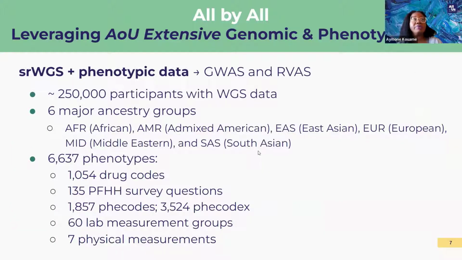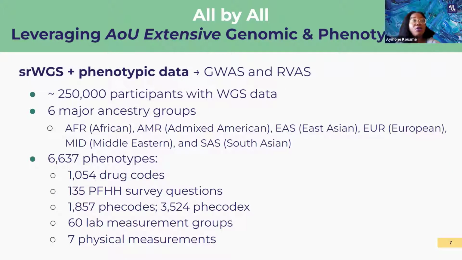The study used short read whole genome sequence plus a variety of phenotypic data to conduct the association studies. That was data for about 250,000 participants that had whole genome sequence data, and they came from 6 major ancestry groups.